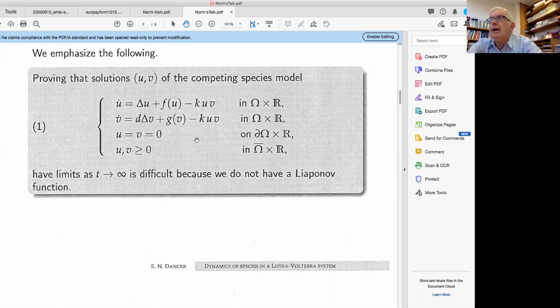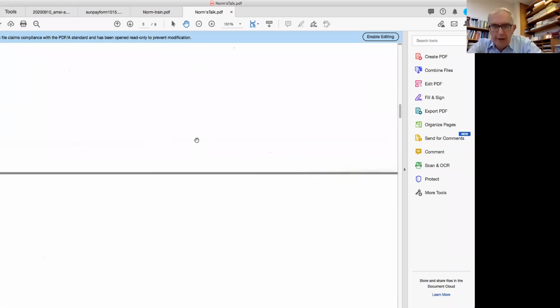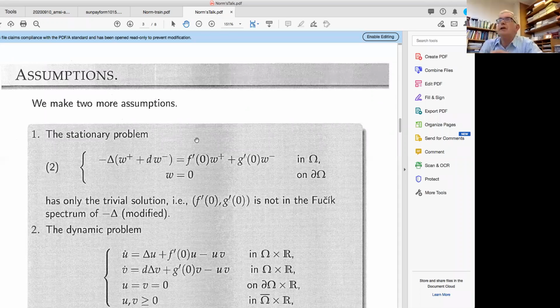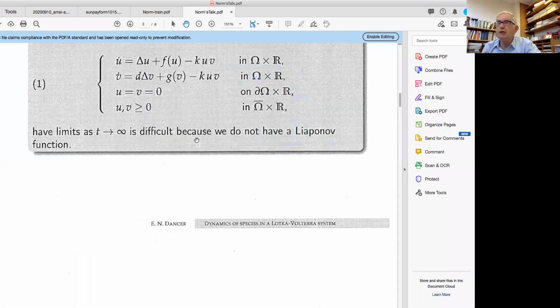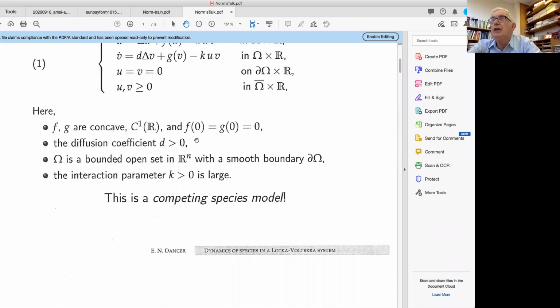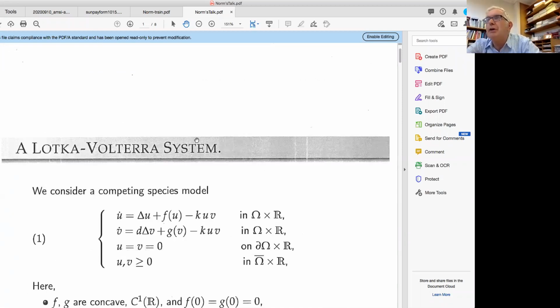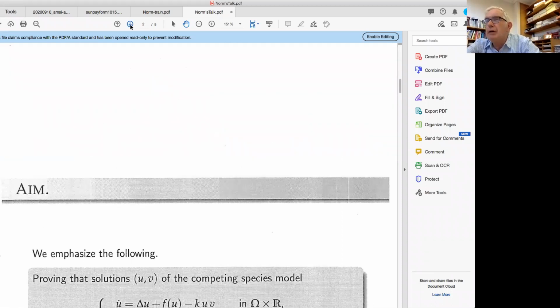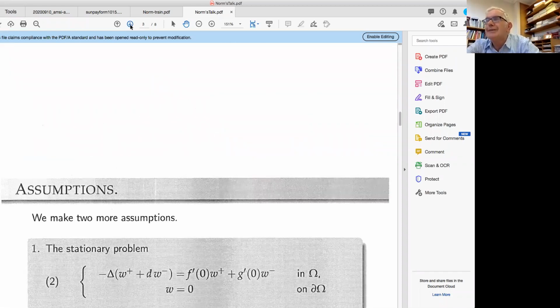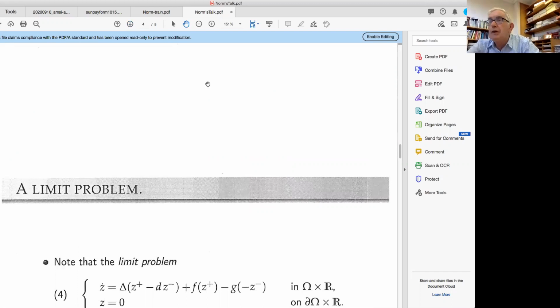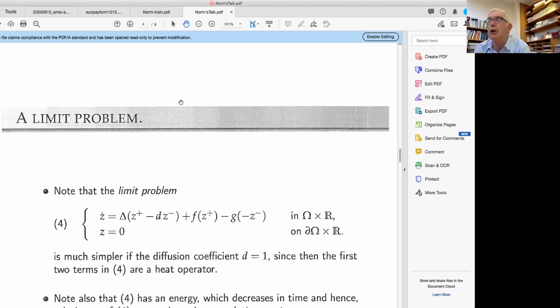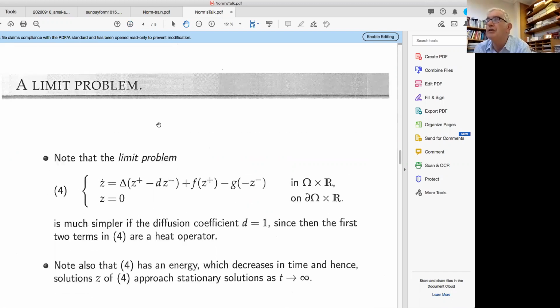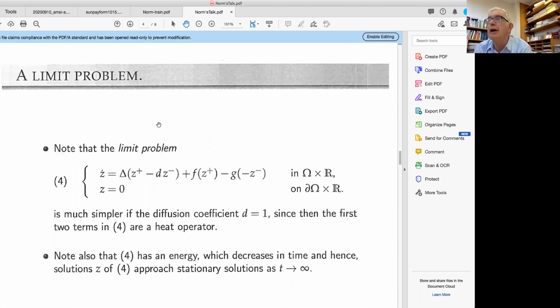But maximum principles only tell you certain things. You use maximum principles in many proofs, but for linear equations they tend to tell you a lot, whereas for nonlinear equations they only give you a certain amount of information.